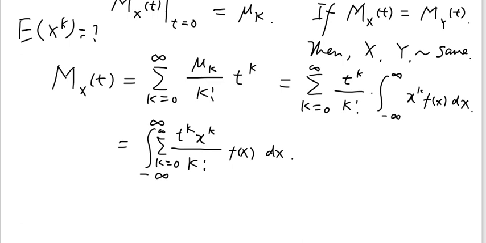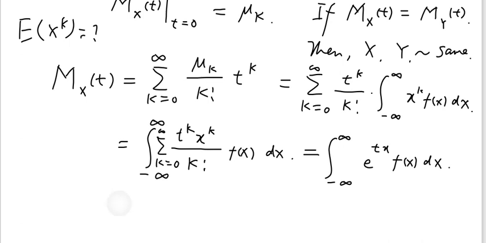So what is this summation? This is equal to the sum of (tx)^k over k factorial. We know this is just e^(tx), and then times f(x) dx, right?